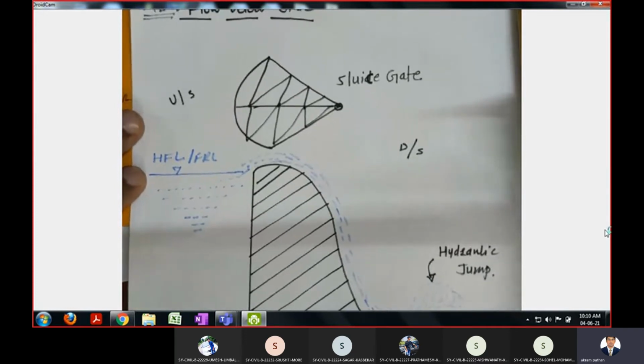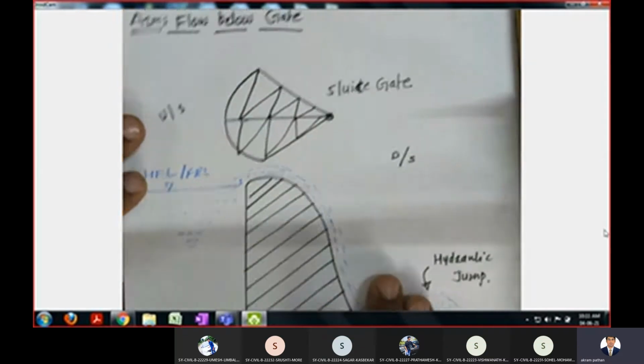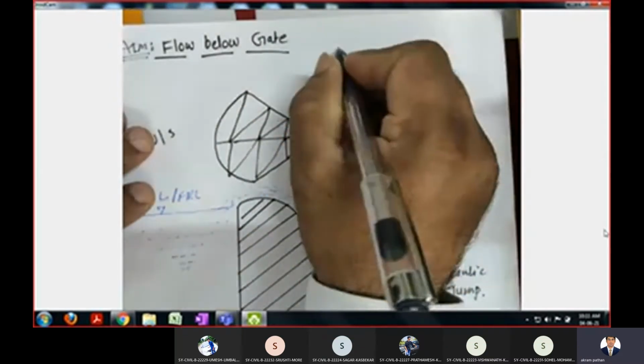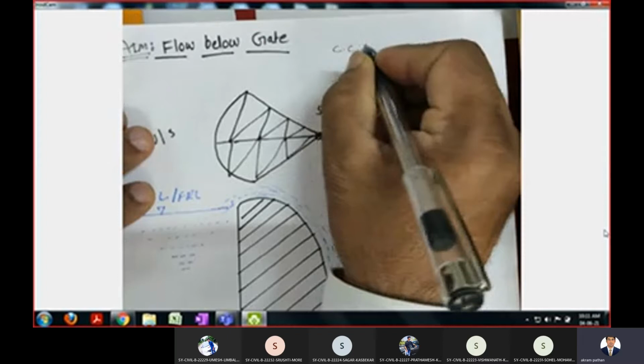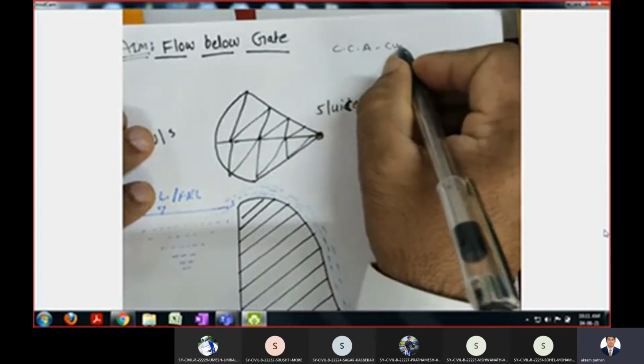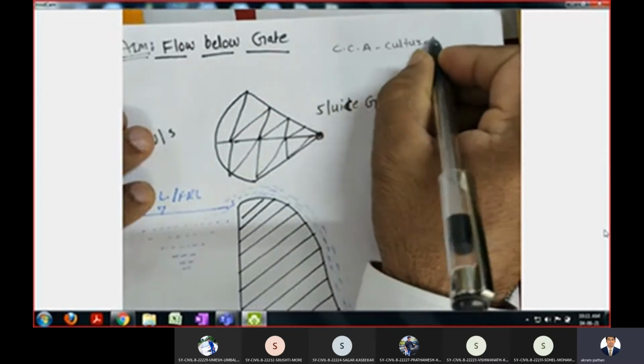For example, on the downstream side, we have a culturable command area, that is known as CCA.